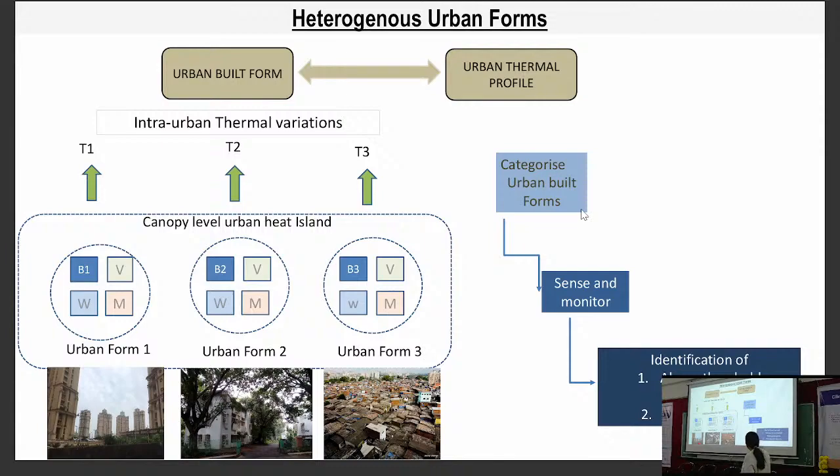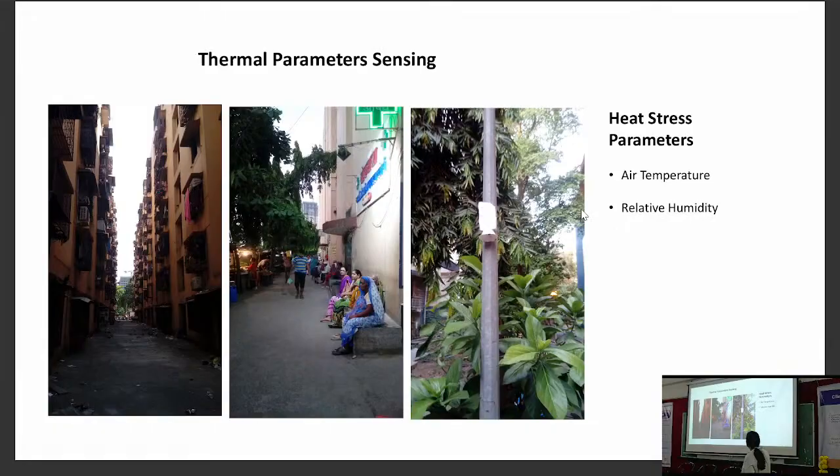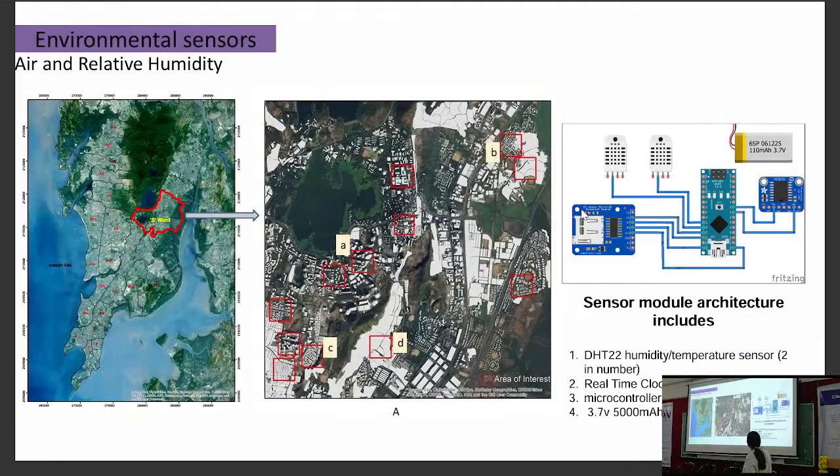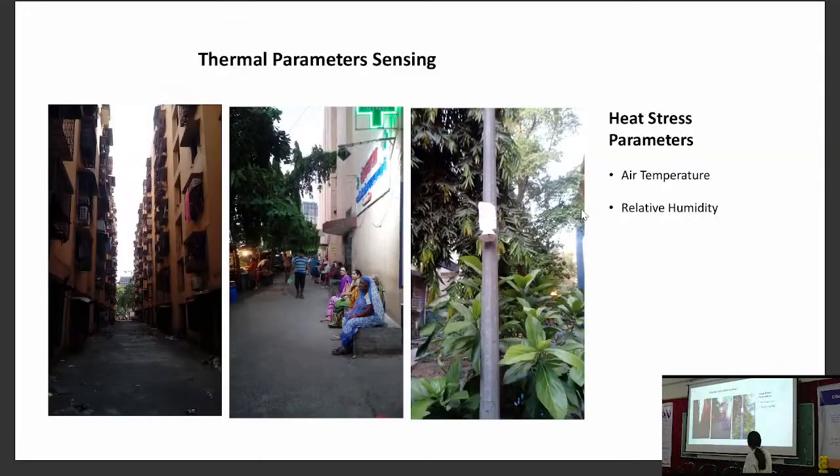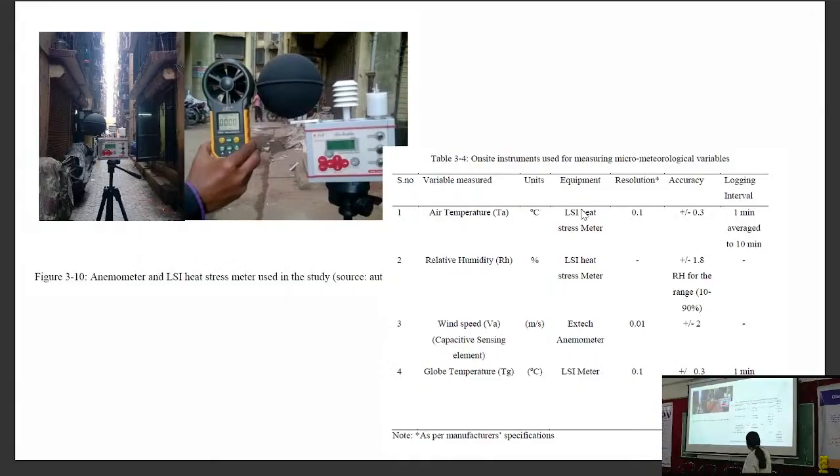In the same way, we will go to our selected sites and do such sensor based studies in different areas. We will take recordings of air temperature, relative humidity, wind speed and globe temperature.